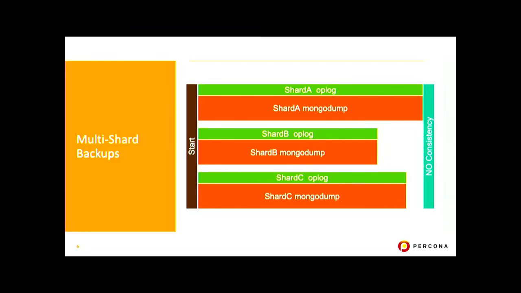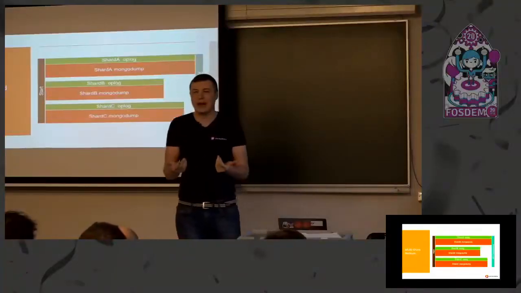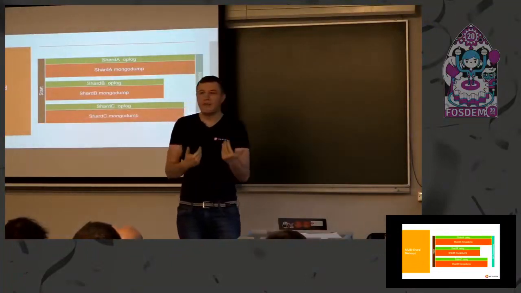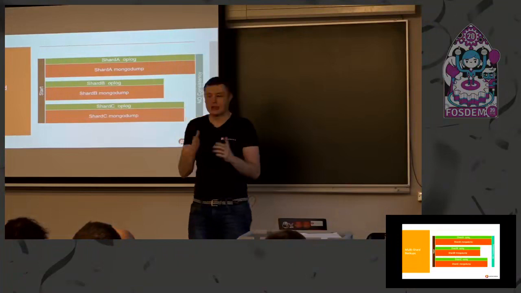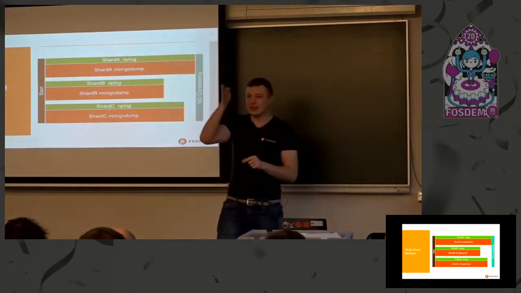Shard A finishes MongoDump at one transaction, shard B finishes its own backup earlier. So in the end, you cannot make a consistent backup, even if you're doing a snapshot.